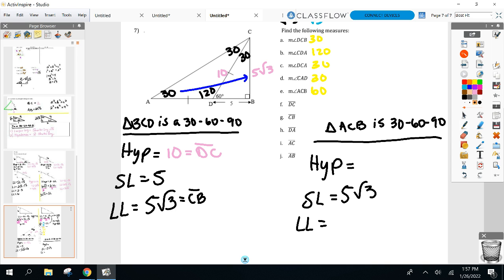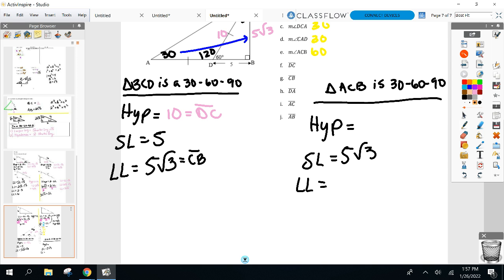All right, 5 radical 3 is the shorter leg. Longer leg, 5 radical 3 times radical 3. So the longer leg's going to end up being 15. And that is side AB.